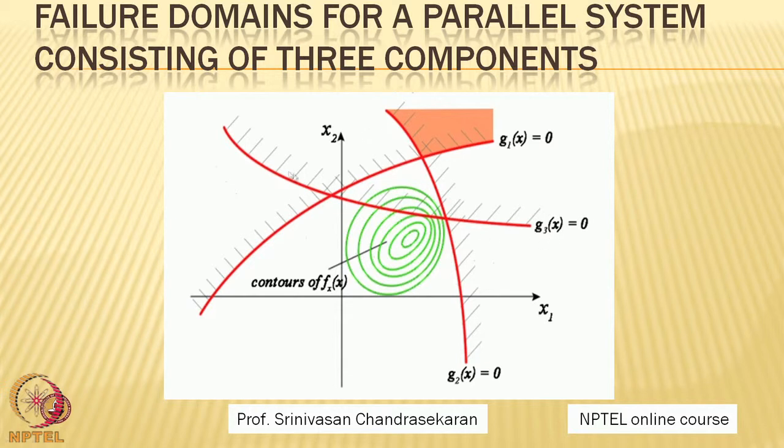G3(x) is for the third component, and the hatched portion shows the failure domain. As we saw from equation 1 on the blackboard, the failure domain is an intersection of these failure domains. So, the hatched portion becomes the intersection of all the 3.